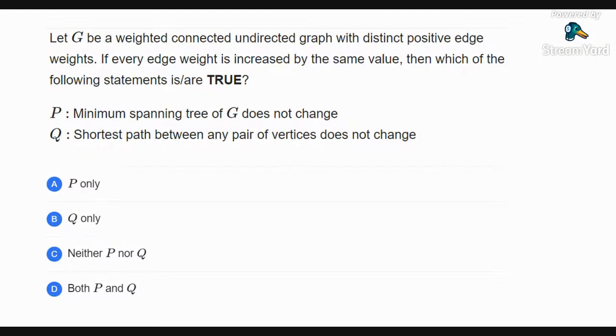So if we consider the cost here, then this is false. It means that only P is correct. Okay, so the correct option here is P. So the cost can be updated. The cost of the shortest path between any pair of vertices does not stay the same. It will definitely change, because we are increasing the weights.